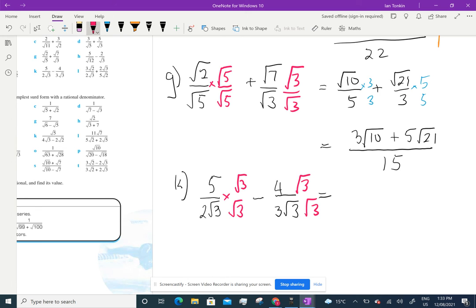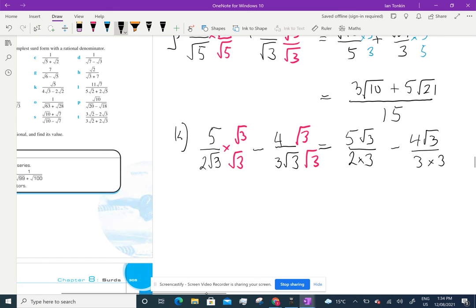Oh, root 3s again. So this is going to be interesting. So here I get 5 root 3, and root 3 times root 3 is 3. I've got times 2 there. Minus 4 root 3, and I've got 3 times 3. Okay, so that gives me 5 root 3 on 6 minus 4 root 3 on 9.